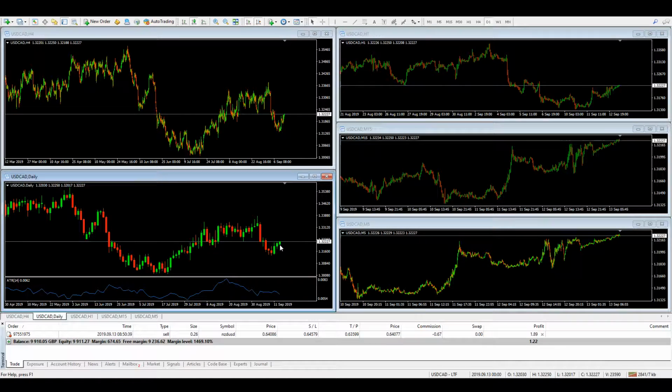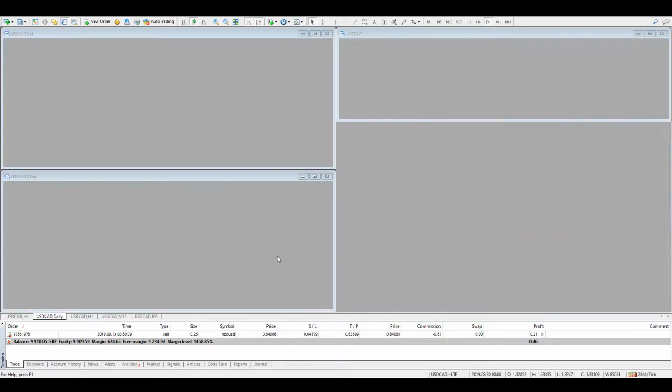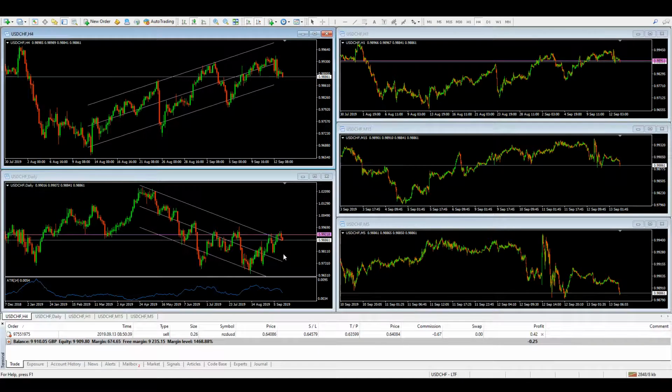So go on to USDCAD. No, this isn't really readable price action. USDCHF, bearish on this, but there's still very much signs of bullishness on these lower time frames as it's encountered that resistance. So really breaking price structure again.